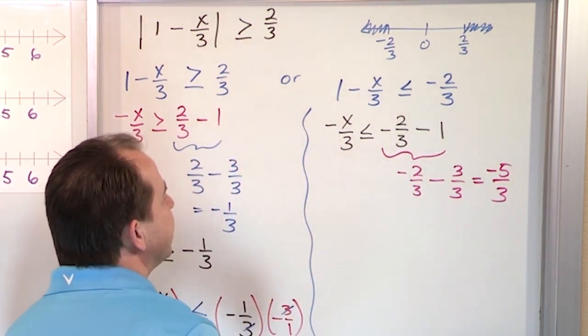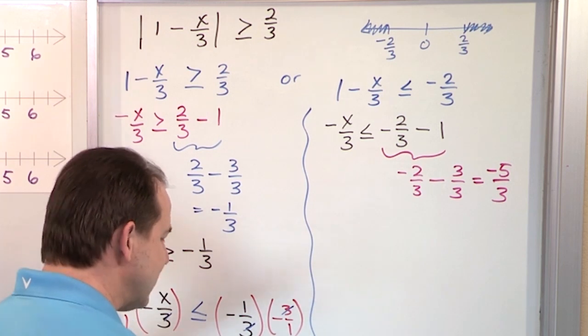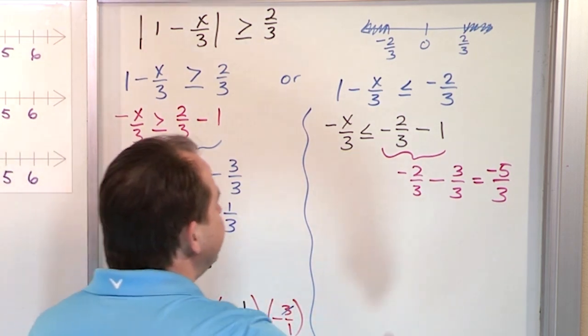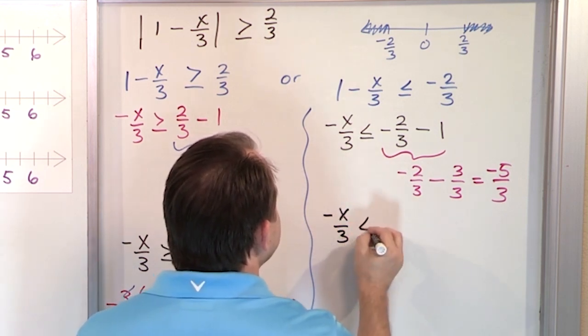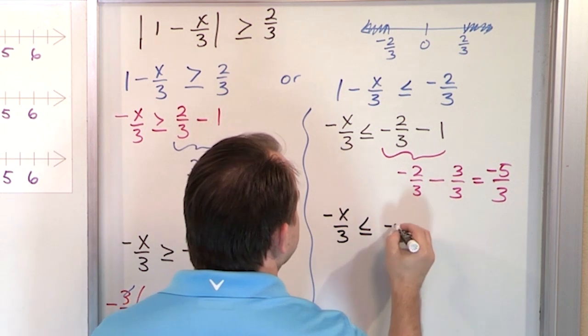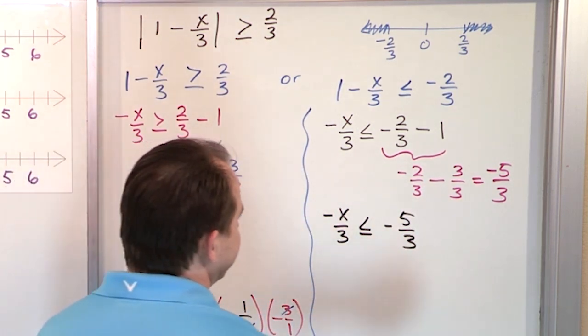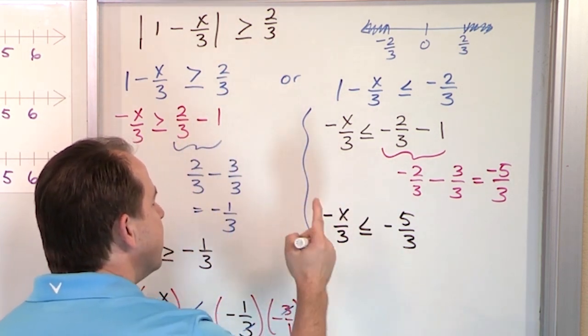So the answer to the right-hand side, if you're going too quickly, you'll think it's the same thing that you got on the other side, but it's not. It's negative 5/3. So on the left, you'll have negative x over 3 less than or equal to, on the right, negative 5/3. And then the rest of the problem proceeds exactly the same. To get x by itself, we're going to multiply by something.